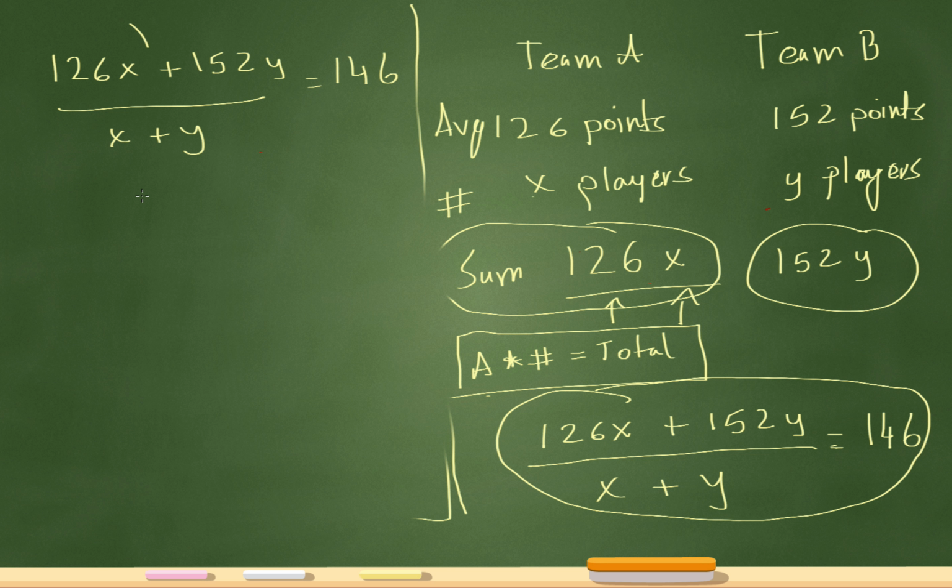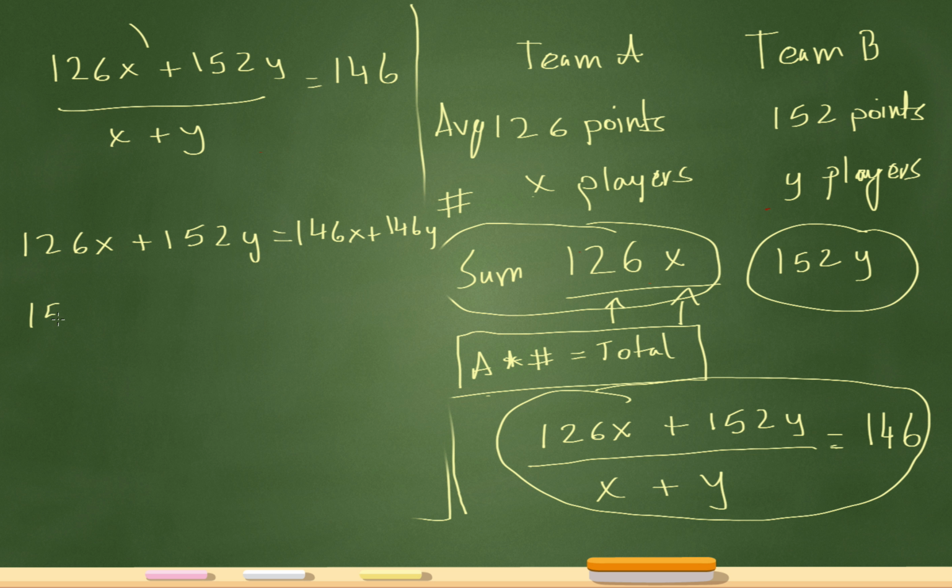And now, remember, the question is to figure out in terms of X, what is the value of Y? So I really want to isolate the Y by itself, so let me start off by cross multiplying. So it'll be 126X plus 152Y equals 146X plus 146Y. And then I'm going to combine my like terms.